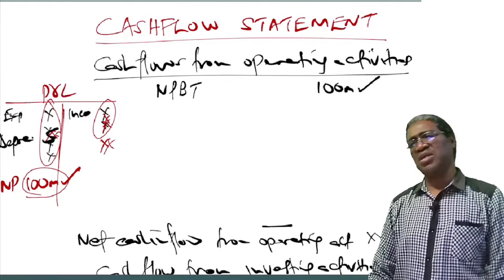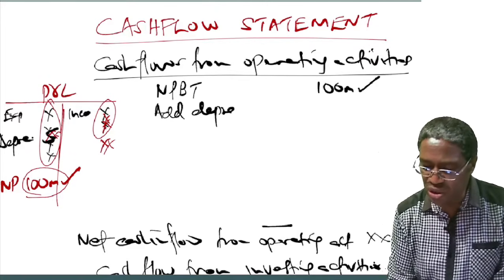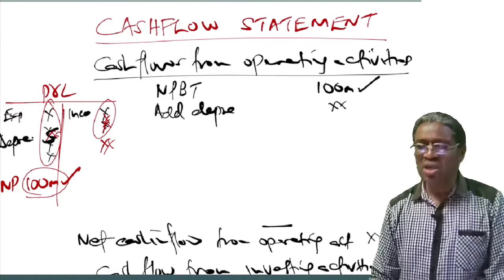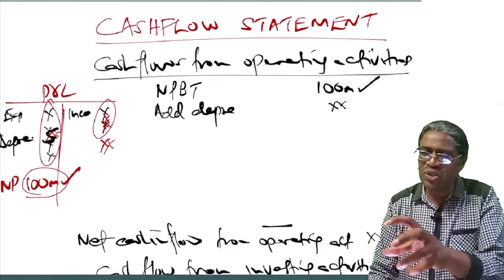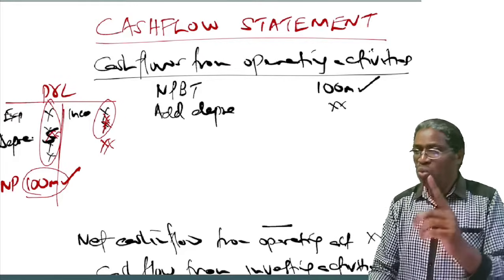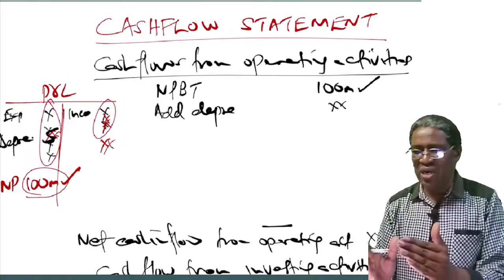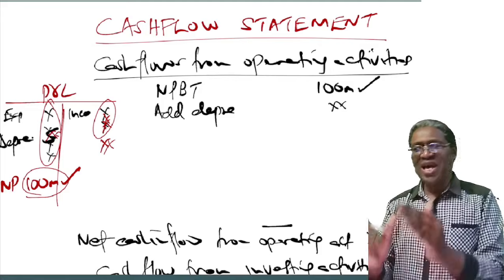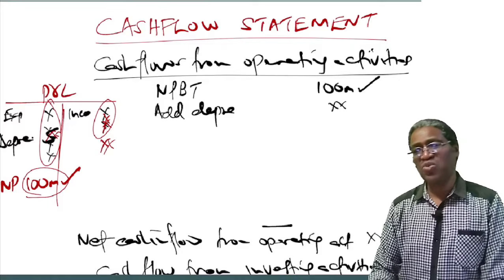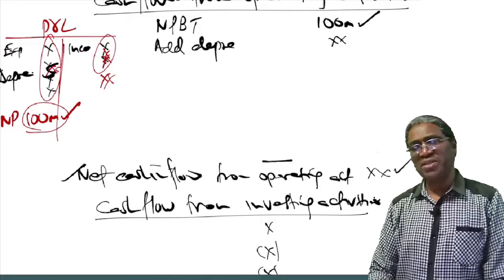So to correct this 100 million profit, we would come back and add that depreciation of 5 million so that we get the true profit. If that depreciation was not there, the true profit would have been more. Don't forget, we are trying to determine the true profit if everything in the P&L account was by cash. That true profit is what we would have called down here the net cash inflow from operating activity.